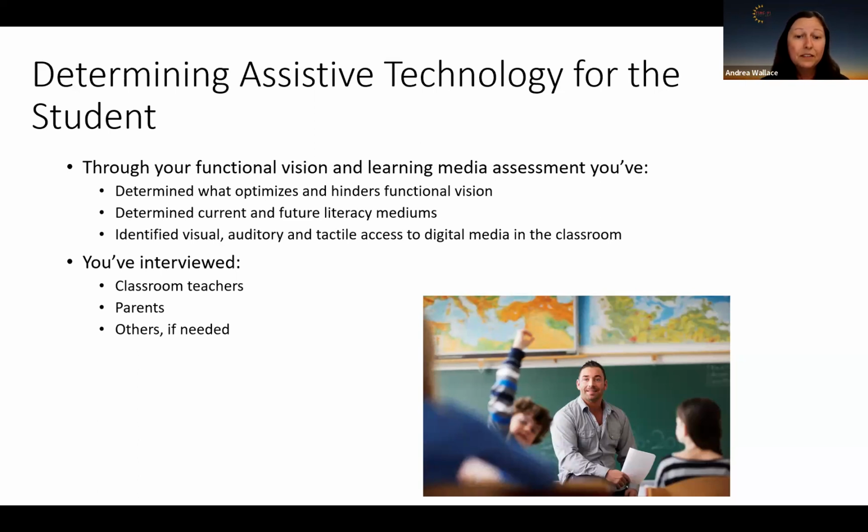So now we really have to think about the accommodations needed for efficiency of access to those things in the classroom. Through this process, you've also interviewed classroom teachers, you've interviewed parents and others, so you can get a view of what's happening, not just in the school, but also what's happening at home.